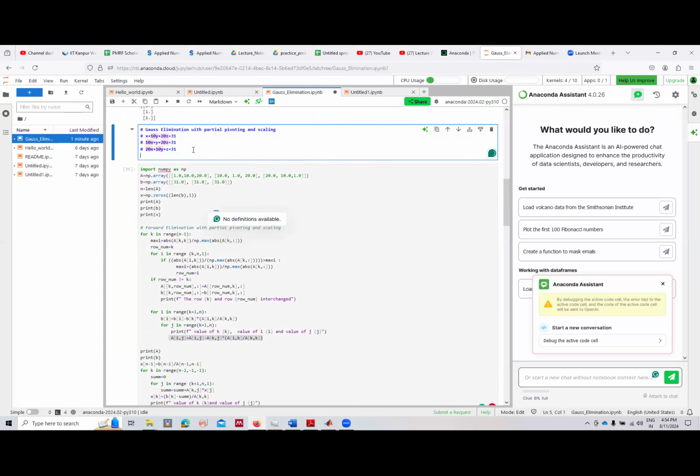What we try to do here, suppose k is the pivot element. Suppose a_kk is the pivot element, then what will we do?